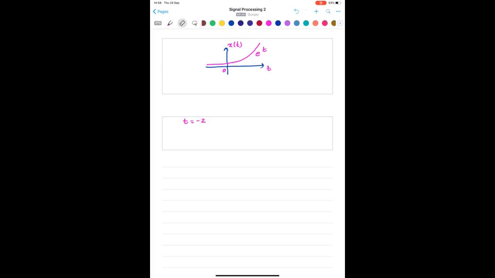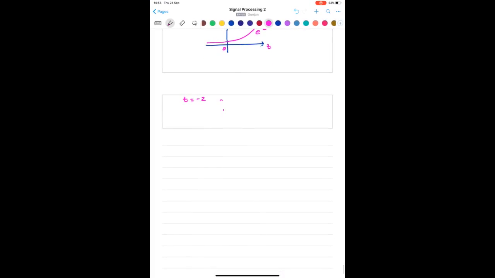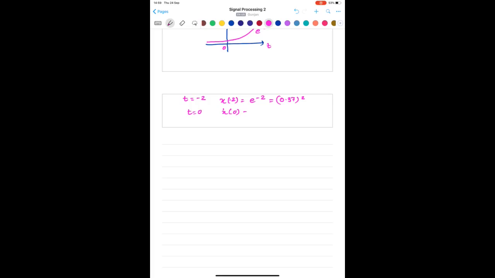So at t equals -2, x of -2 equals e raised to the power -2, which is 0.37 whole square. At t equals 0, the function is e raised to the power 0, which equals 1. At t equals 2, it's e raised to the power 2.